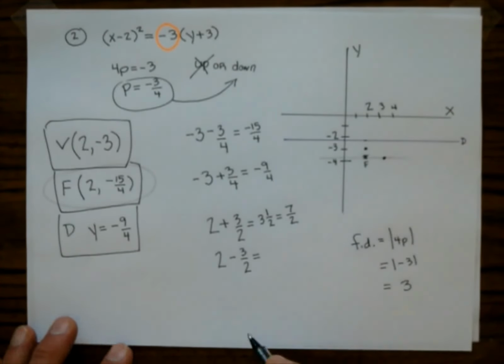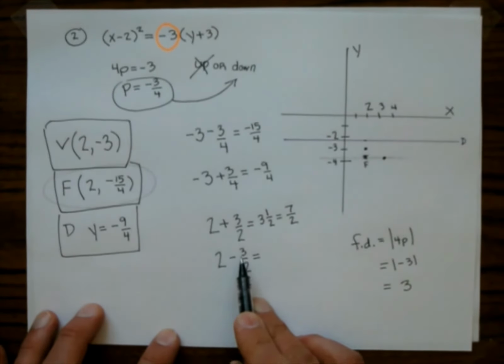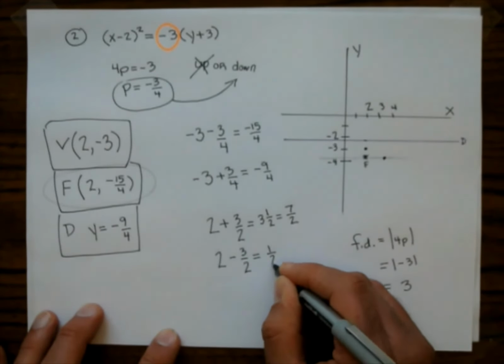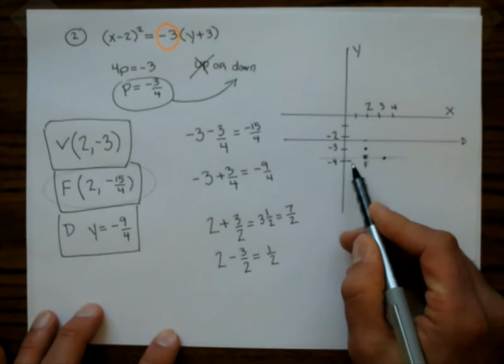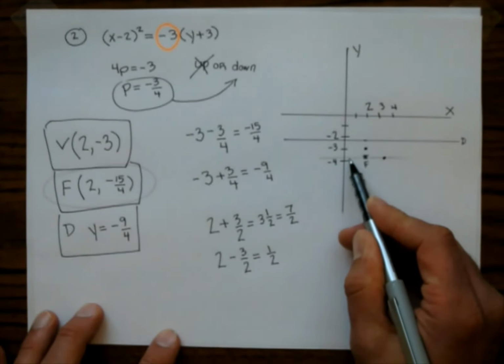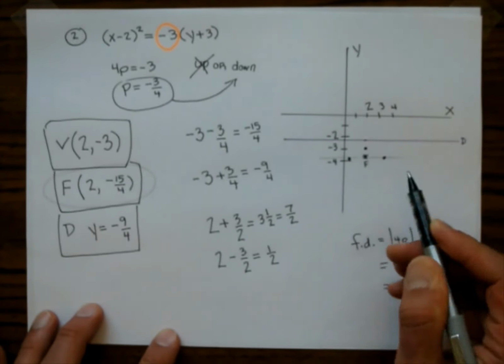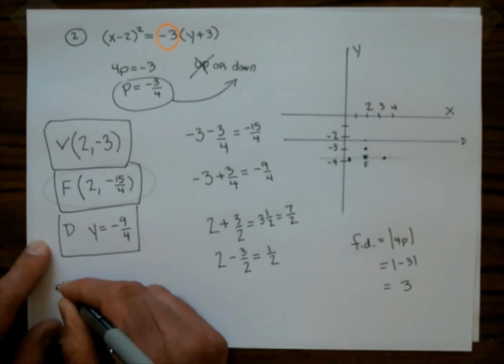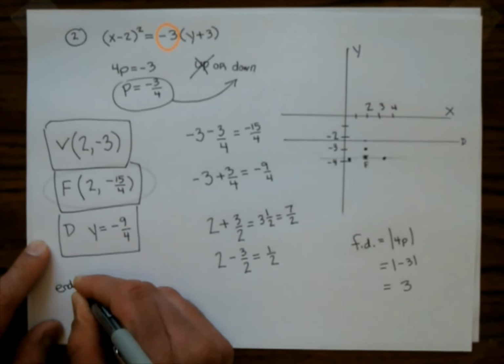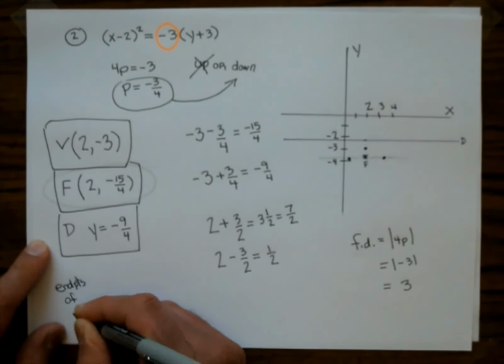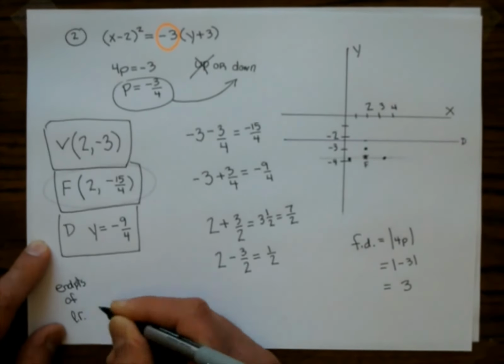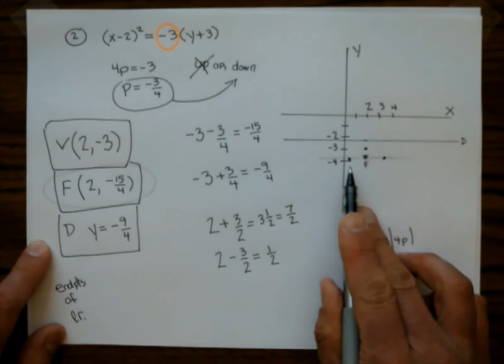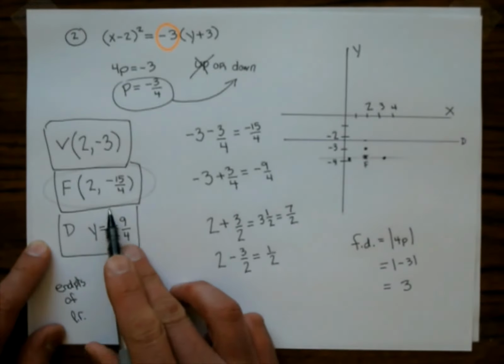And then the other one, maybe you can see that 2 minus 1.5 is 1/2. And so I'm going to try to put the point right there. And so the endpoints of the latus rectum happen to be, they all have the same y value as the focus.